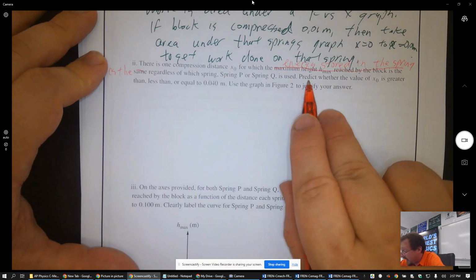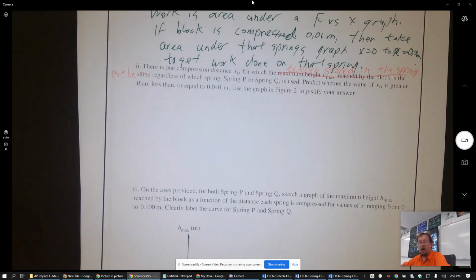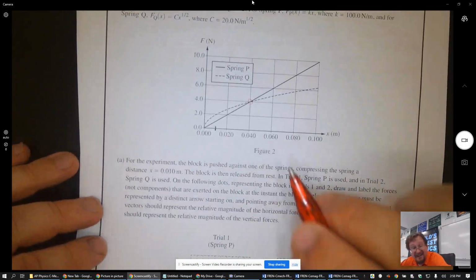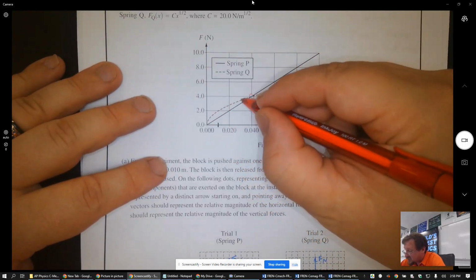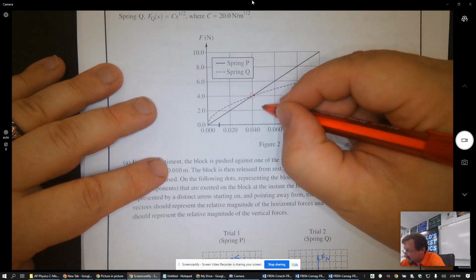That's what they're really getting at. Predict whether the value of x naught is greater than, less than, or equal to 0.04. So why did they choose 0.04? Because that's where the crossover is. But it's not 0.04, because then you have more energy stored in spring Q, more area. So I'm going to say it is greater.